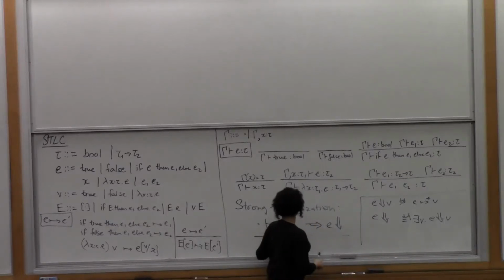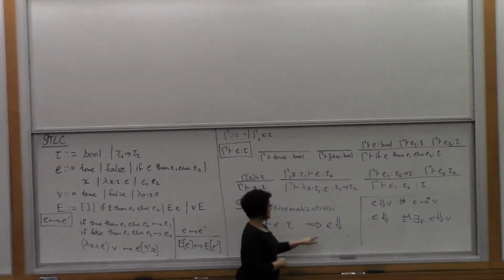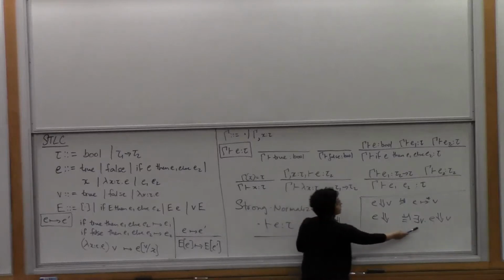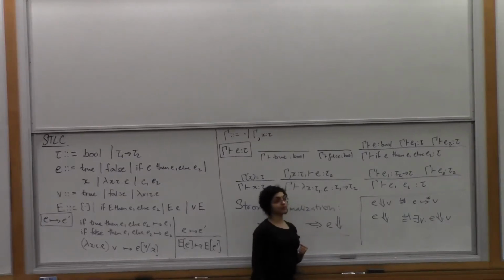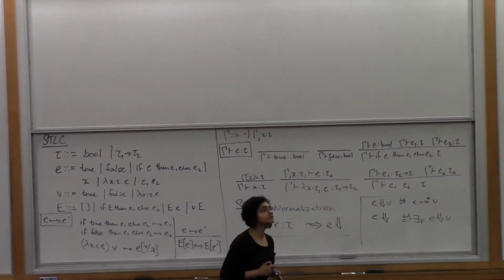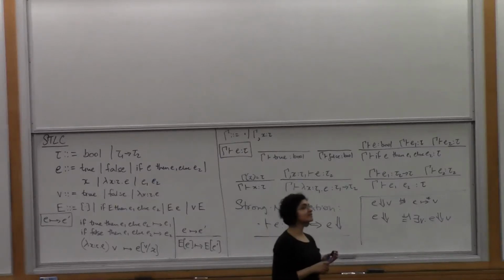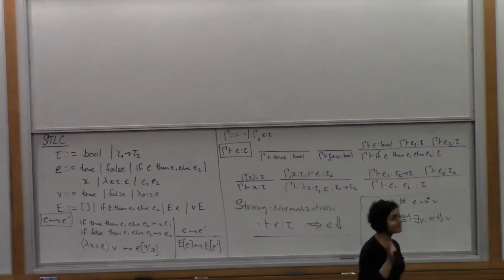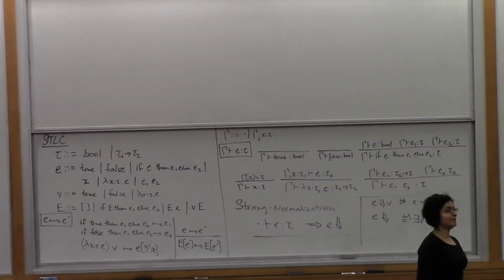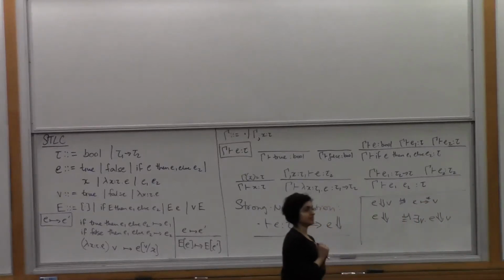So this says that if E has type τ, then there exists a value V such that E reaches V. Evaluating E will always reach a value. But my point is that strong normalization is typically that each reduction path you can possibly take terminates. Yes, sorry, each reduction path terminates. However, here you only have one, so it doesn't matter. Yes, exactly, deterministic. I was going to make that point.